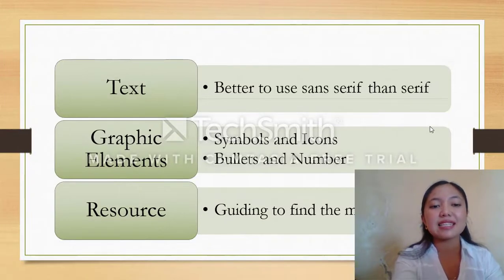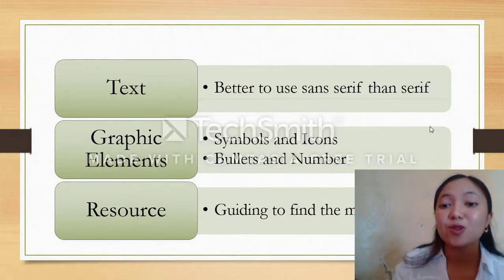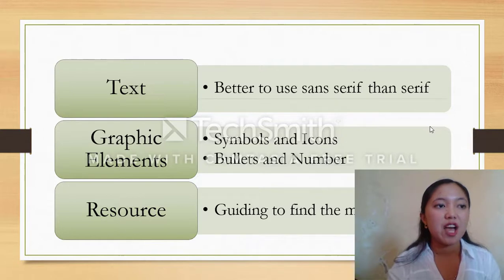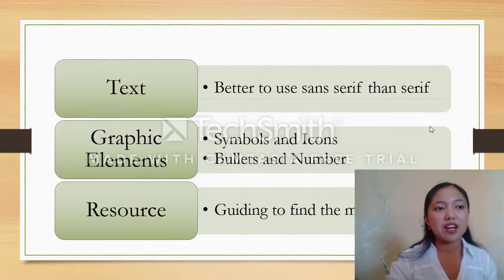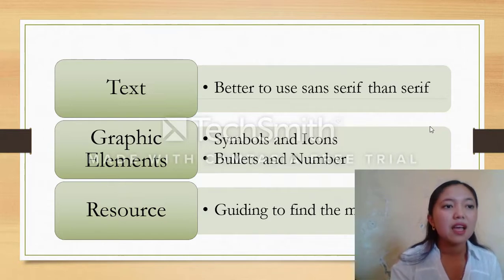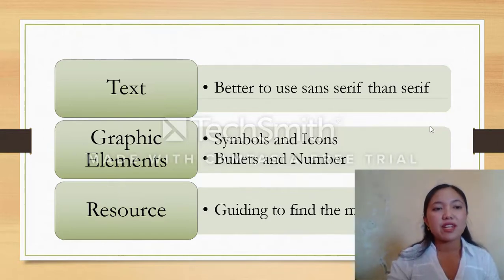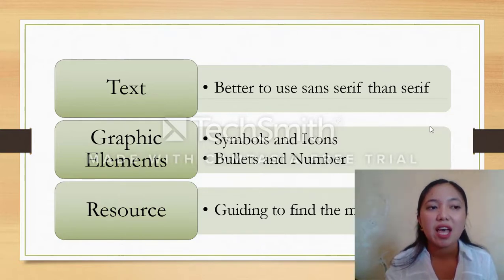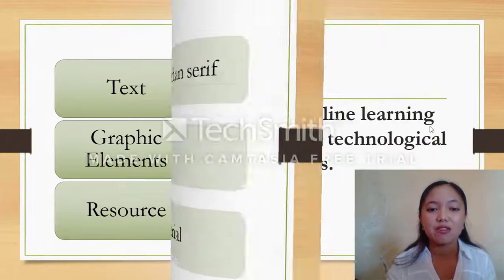And the next is text. It is better to use sans serif than serif in the text provided in online learning, because serifs are small, pen-like extensions that you find on some of the letters, while sans serif are simpler in form.